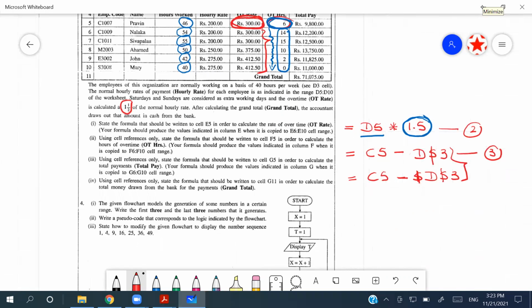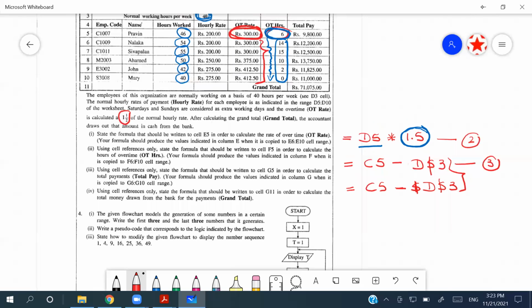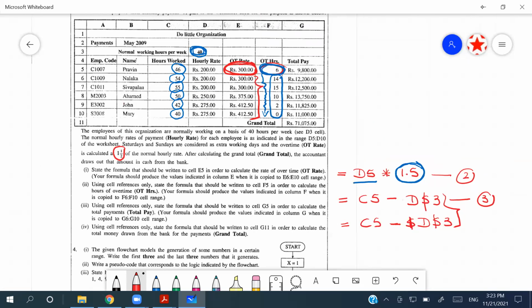And as the third one, it says, using cell references only, state the formula that should be written to cell G5 in order to calculate the total payments, right? Right over here, the total payments. Now, how is the total payment going to happen?